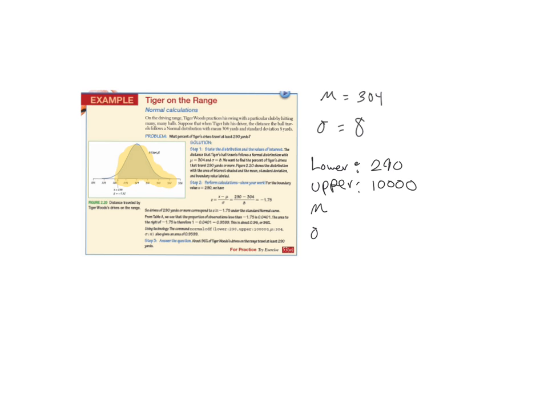So the mean is going to be 304 because that's what the information says. The standard deviation is going to be 8. Then you go down to paste and hit enter twice. I call it paste. When you click paste, it's going to bring it to the regular calculator screen, and then you need to enter that calculation, and it's going to give you that area.